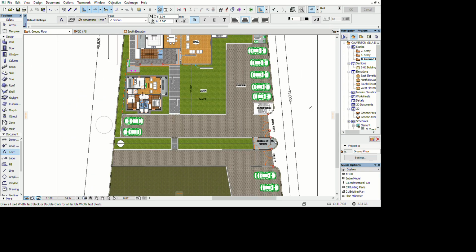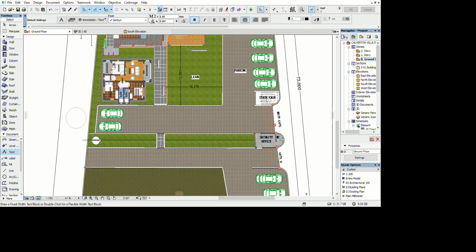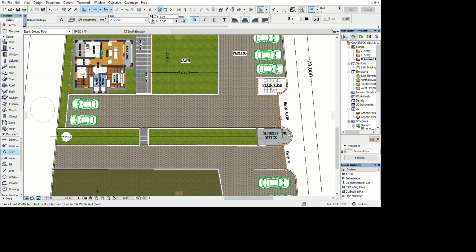And as you can see, also we introduced a road on both sides of the two quarters of the plot. The lower quarter with the gate B and the upper quarter with the main gate.